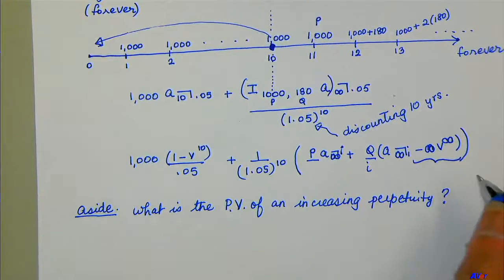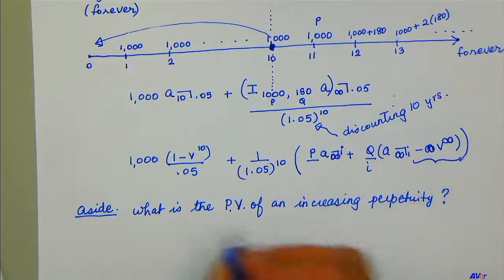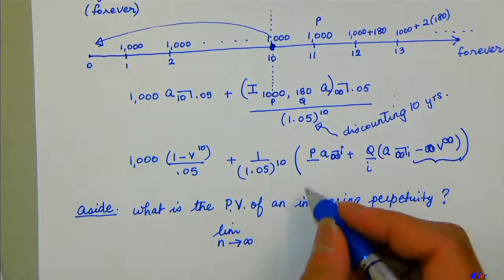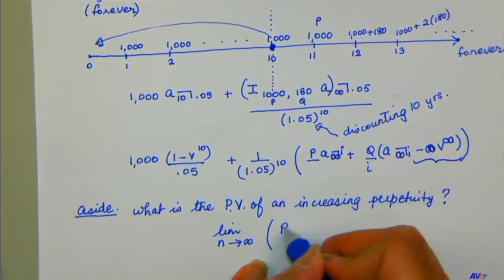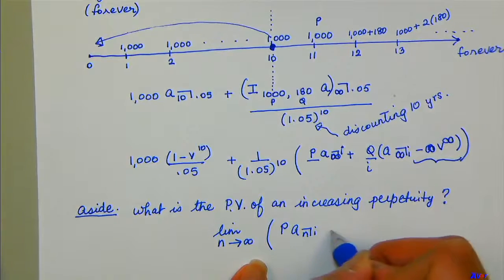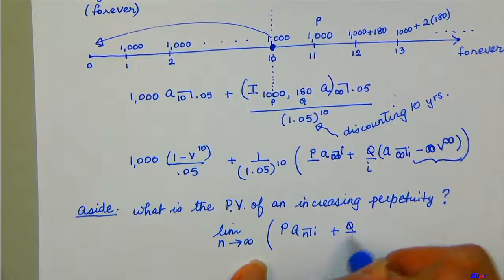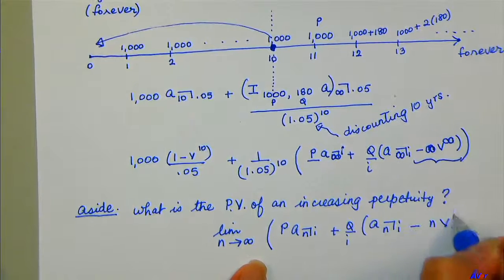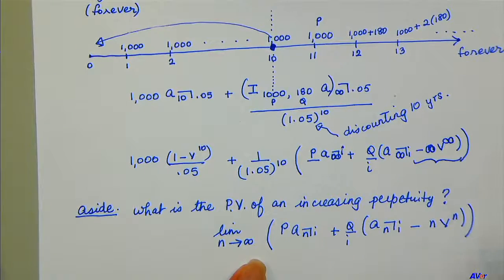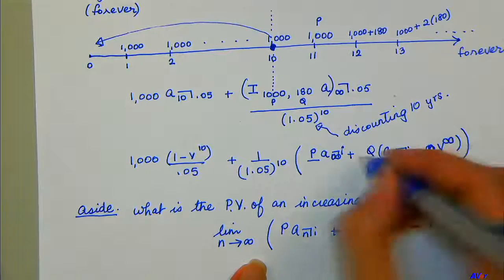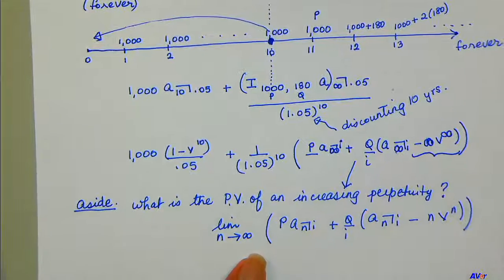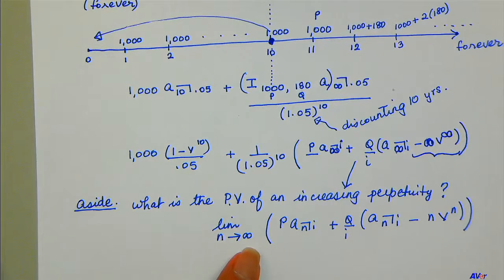That's the question. So I want the limit as n goes to infinity of P A angle N I plus Q over I, A angle N I minus N v to the N. That's what I'm after, really. Because if I had that, I could go put it in here, right? This would be this. So let's take the limit as n goes to infinity.